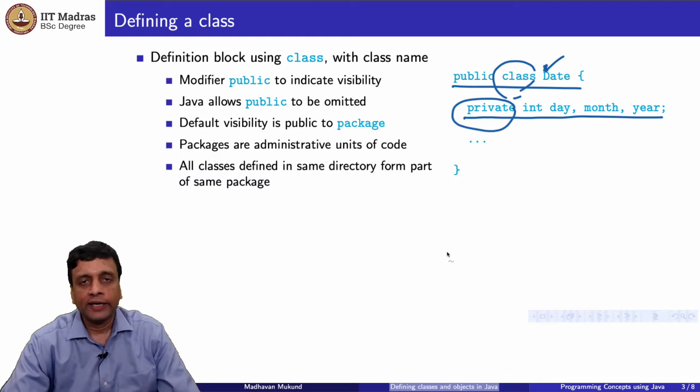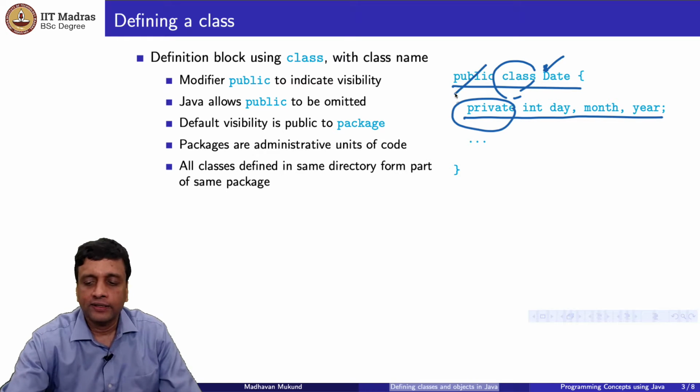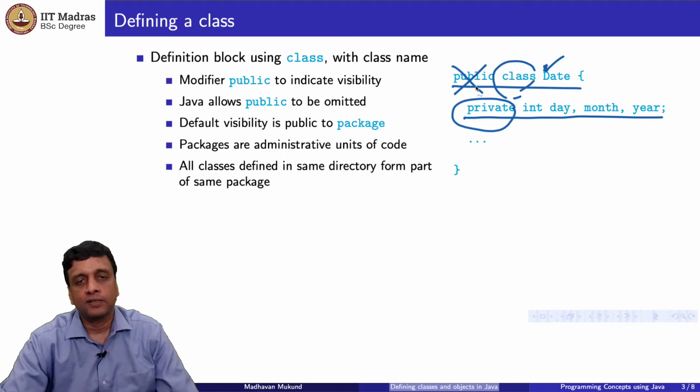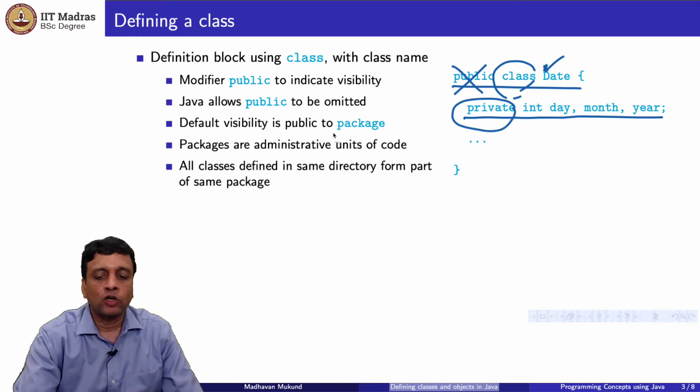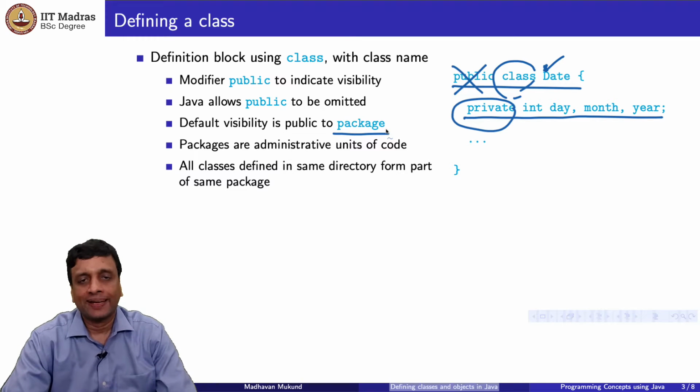If you forget to write public, it's not an error in Java. You will see many examples of Java code on the internet or in textbooks where the word public doesn't appear, and yet that code compiles. What this means is that implicitly, if something is not labeled as private or public, it is kind of public, so it is visible within what is called the current package.